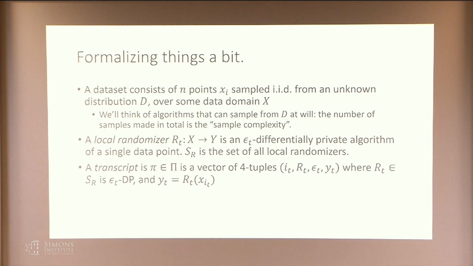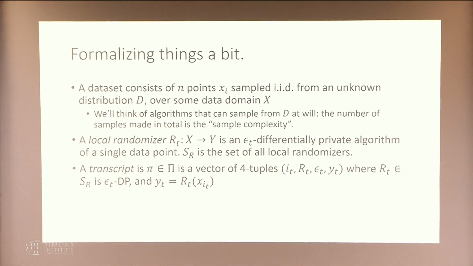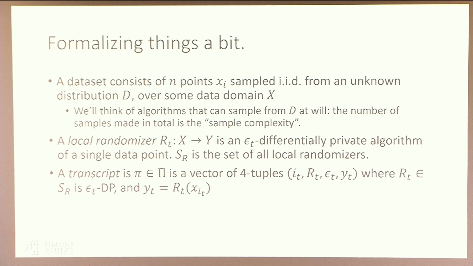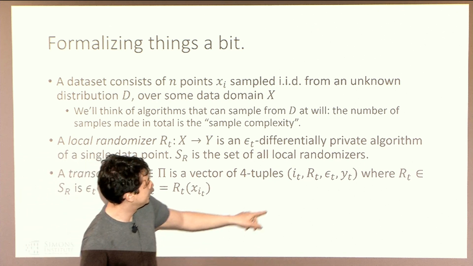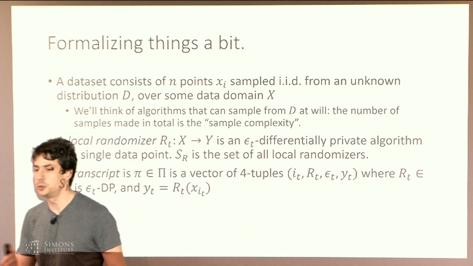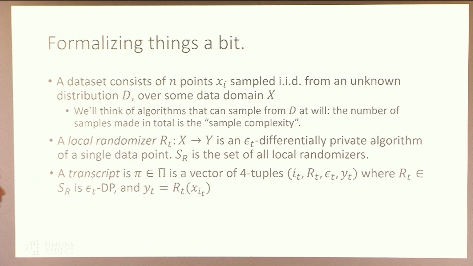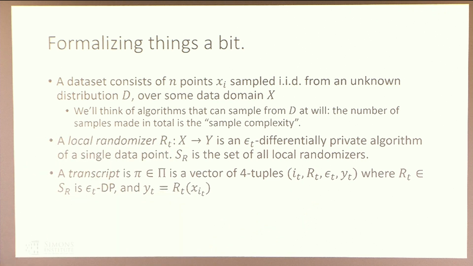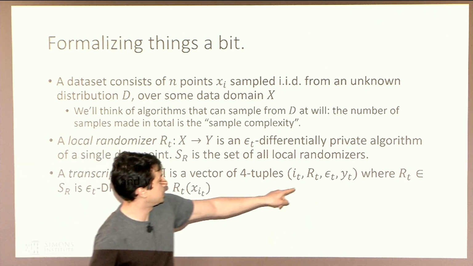And a transcript, which is the complete observable record of an interaction, I'm going to think of as just a vector of 4-tuples, where each 4-tuple records what happened at a single round. The thing recorded in one of these 4-tuples is an index i_t of a user who was asked a question, a local randomizer R_t, which is what question they were asked, and a privacy parameter epsilon_t.